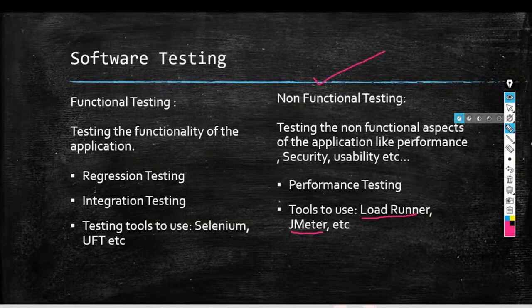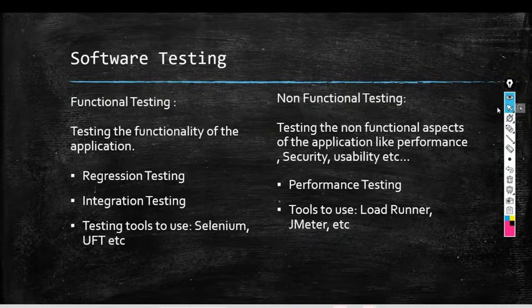Now I'll give one more example of the difference between functional and non-functional, a generic example. Let's understand that we are using a lift. We want to go to the third floor or fourth floor, and we are on the ground floor. So you go inside the lift and then press 3.